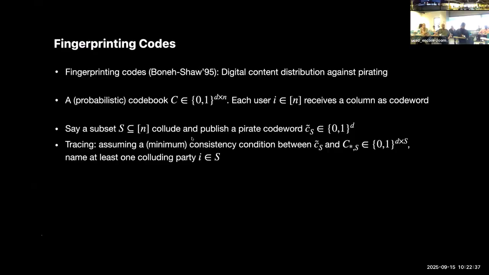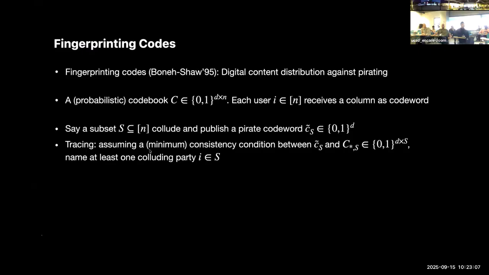If every user receives the same bit on that row, then the output on that coordinate must also be the same. That's really the only thing we assume for fingerprinting codes. I see. So this C sub S is supposed to have some dependency on this C star, which you haven't proven yet, I think. Yeah, okay, I was a little bit vague here.